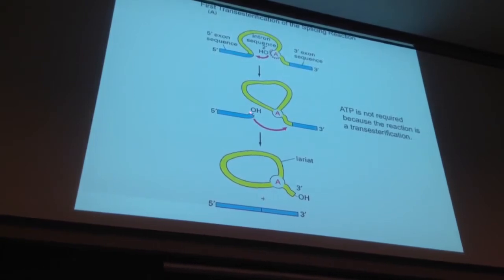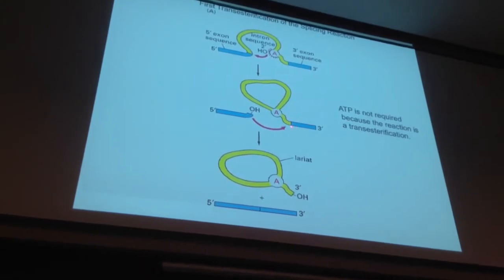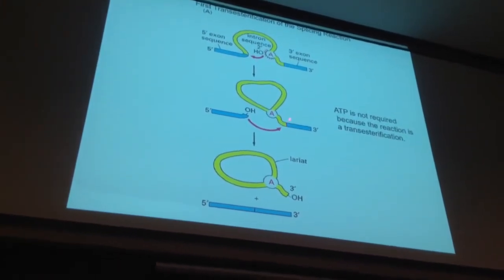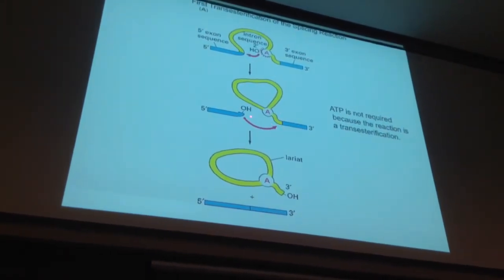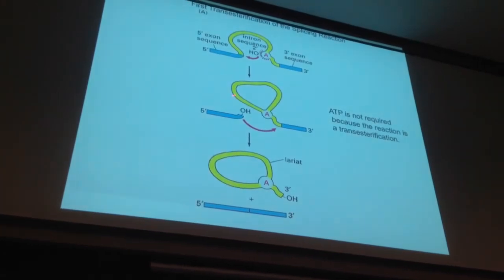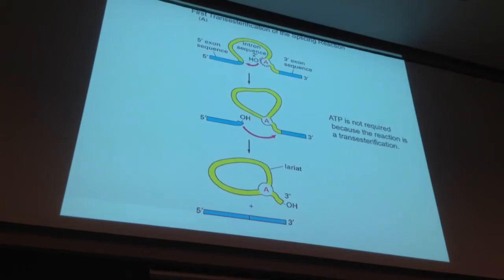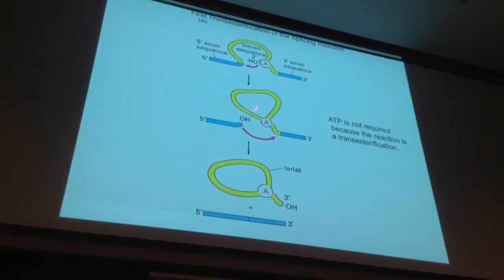This hydroxyl can undertake a nucleophilic attack on the 5' end of the next exon, or the 3' end of the intron there. That attack cleaves that thing there. And the reaction that puts exon 1 together with exon 2, like this, is a transesterification reaction, the second transesterification.